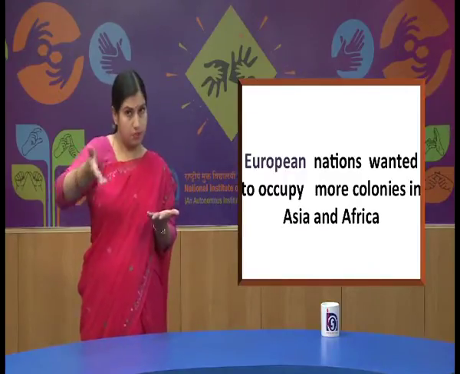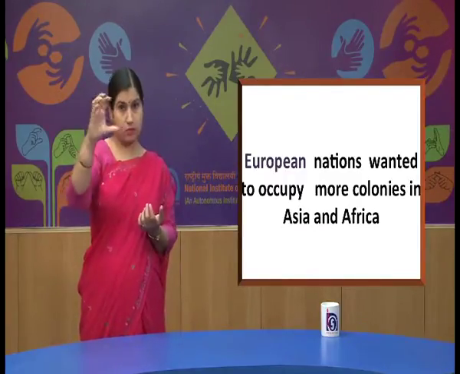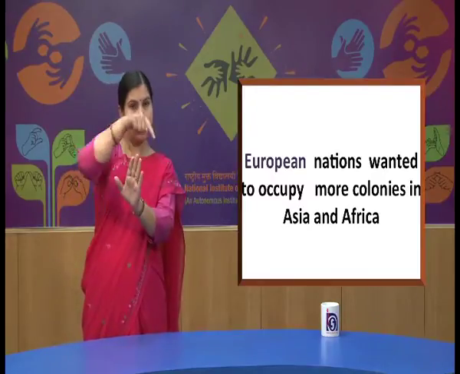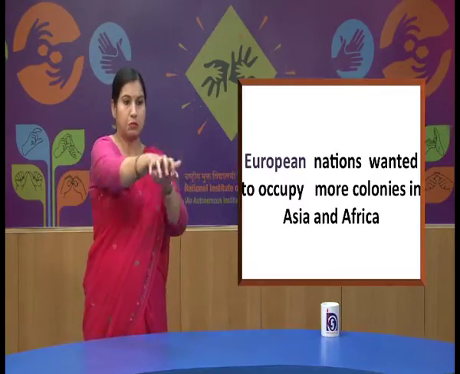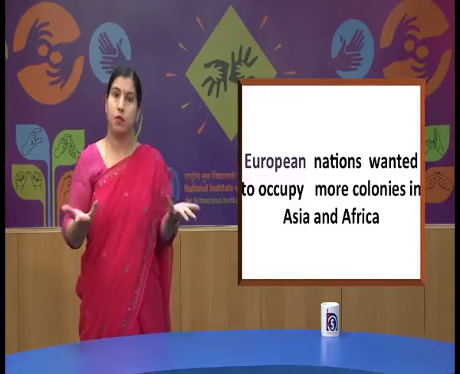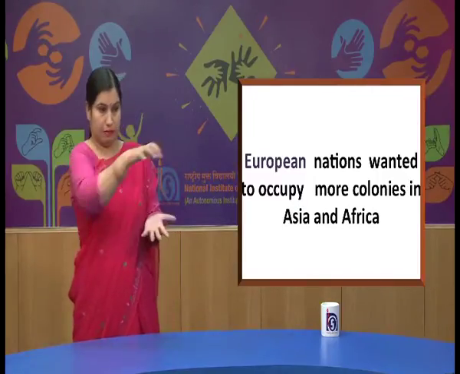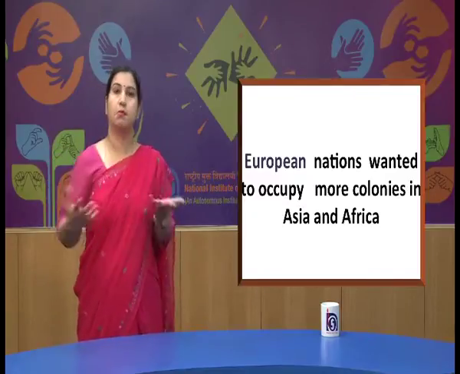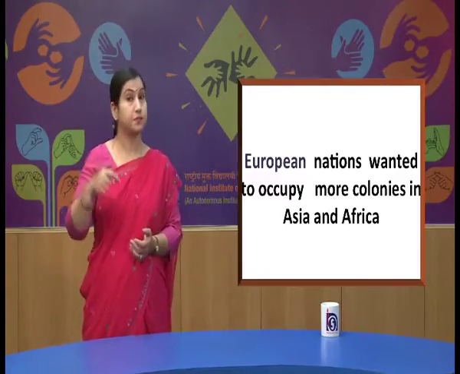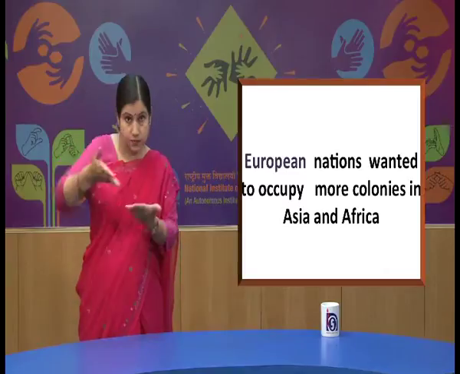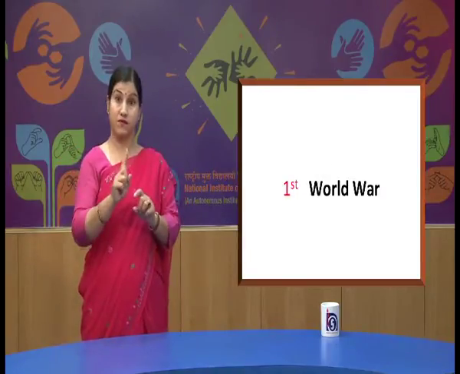However, by the end of 19th century, there were no more colonies available for occupation, as all of them had already been occupied. This rivalry led to the beginning of the First World War.